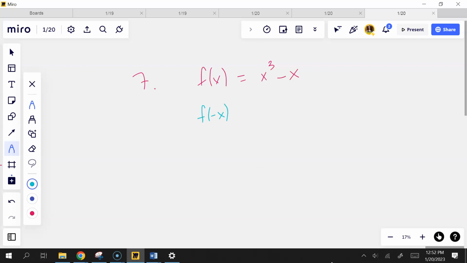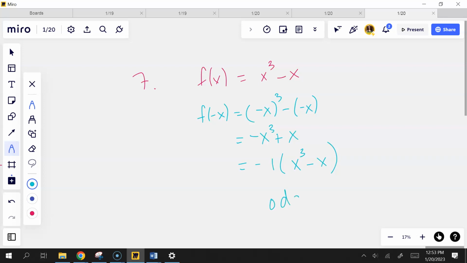If I put a negative in for every x, to the third power keeps the sign, right? So negative x cubed plus x. Everything is completely opposite. I could write it, and maybe I should write it like this to help you see. I can put a negative out front of the whole thing, and it works, and it's odd.